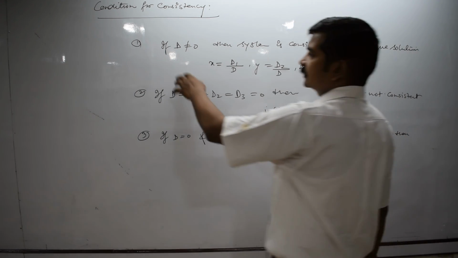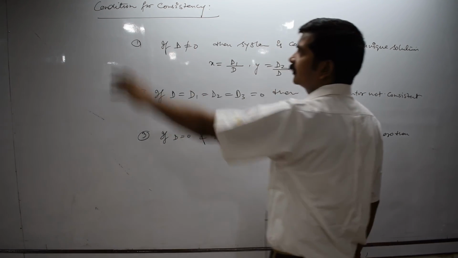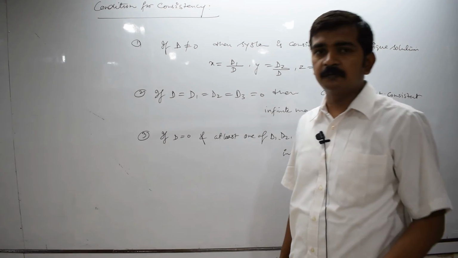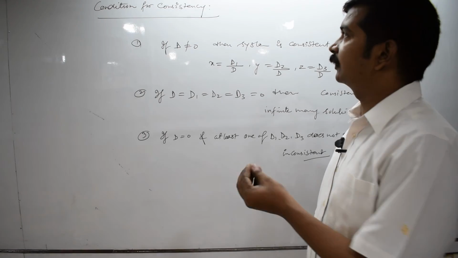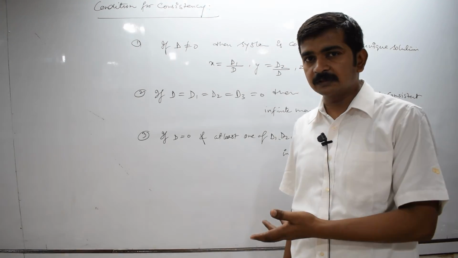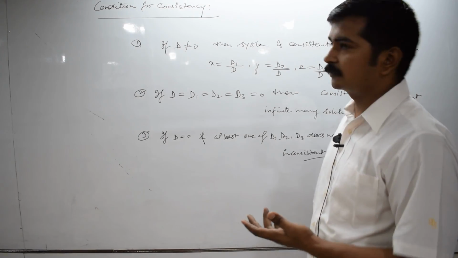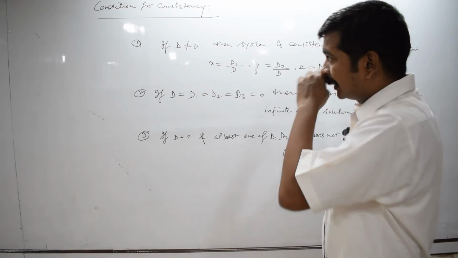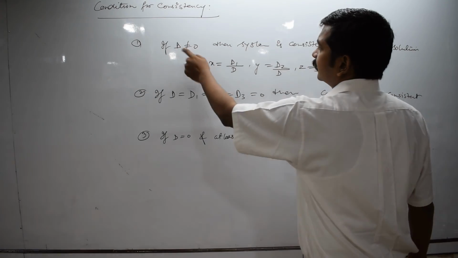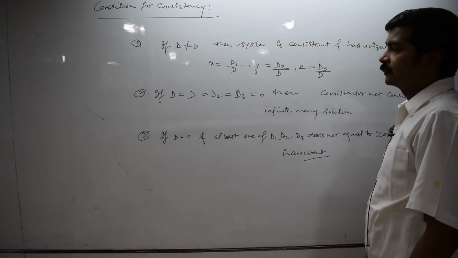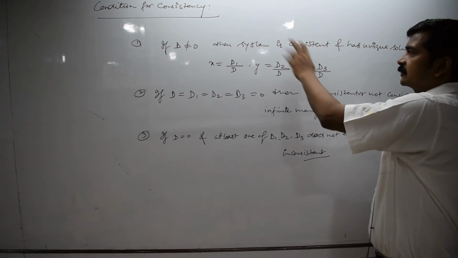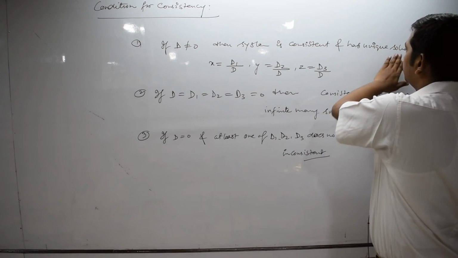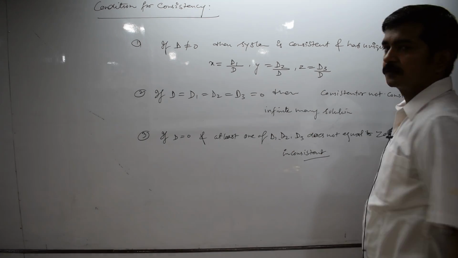Now let us discuss the condition for consistency. Consistency means a system of linear equations has a solution; if a solution is not possible, then the system is inconsistent. If D does not equal 0, then the system of equations is consistent, having a unique solution found by this method.